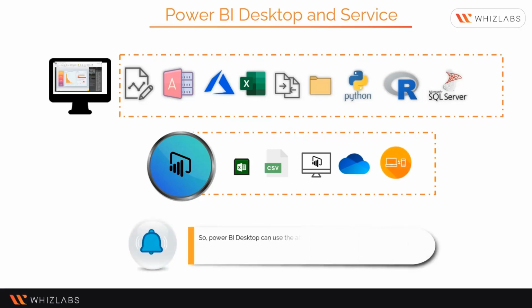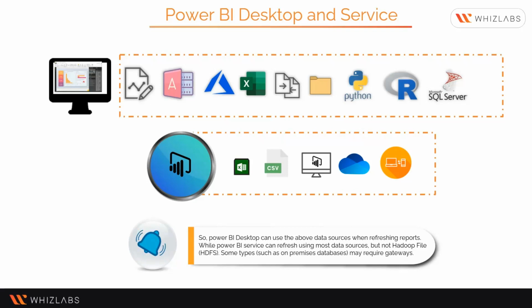So, Power BI Desktop can use the data sources when refreshing reports, while Power BI Service can refresh using most data sources but not Hadoop file, HDFS. Some types, such as on-premises databases, may require gateways.